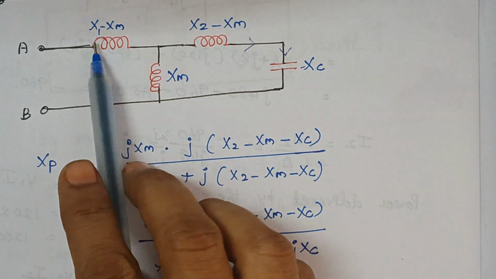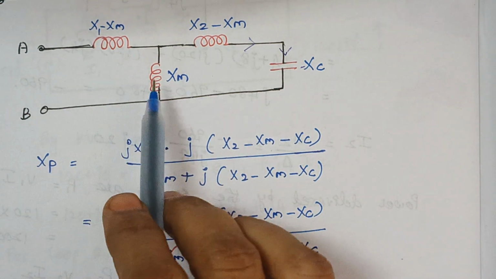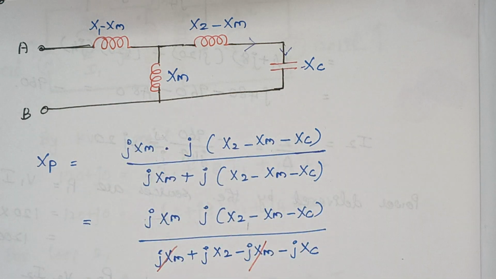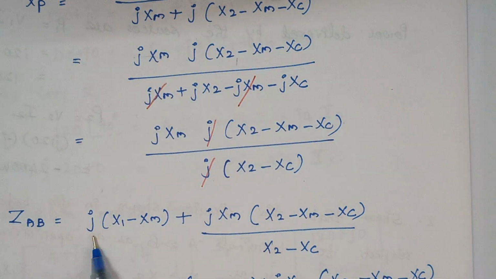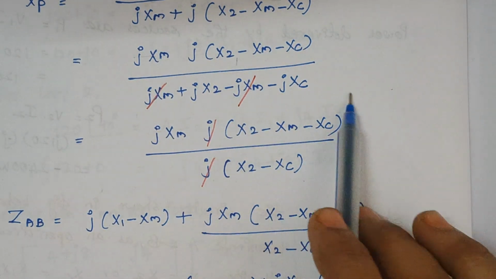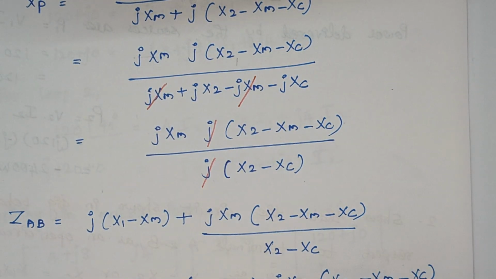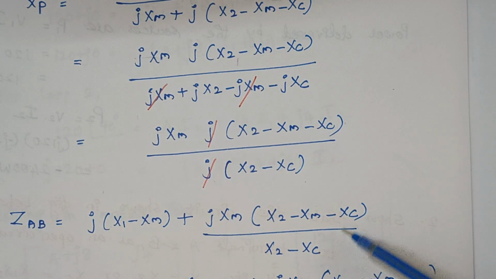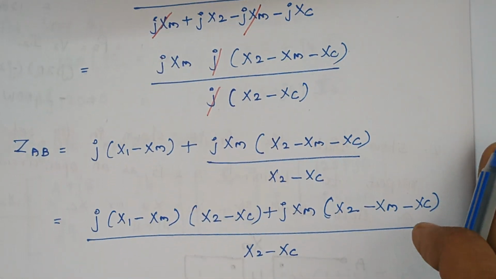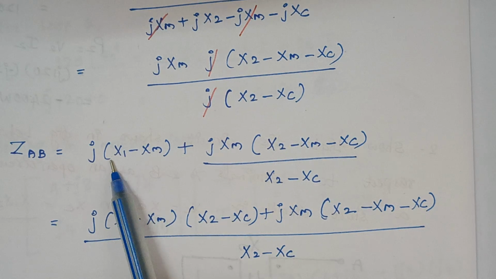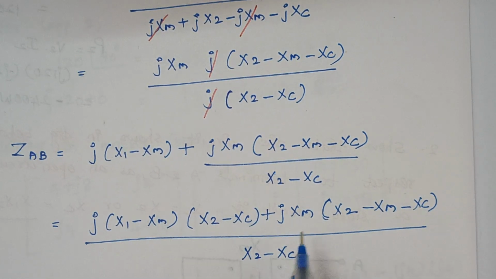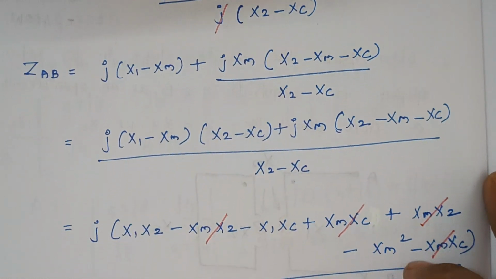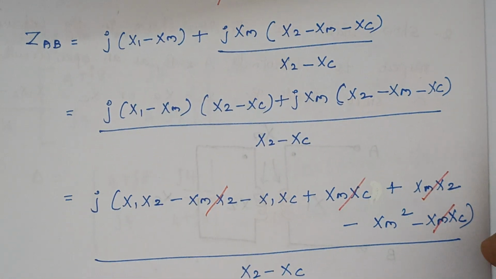Now we have two reactances in series, so we simply add. When you add, you get j of X1 minus Xm plus this expression. The next step is to take the LCM, so we multiply this term with X2 minus Xc. Once the LCM is taken, we multiply everything and cancel the common terms.